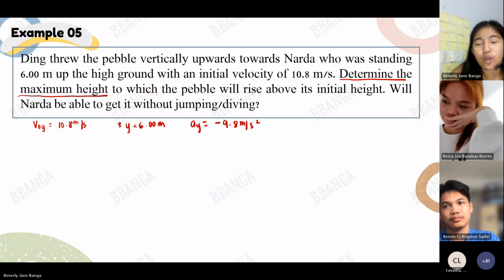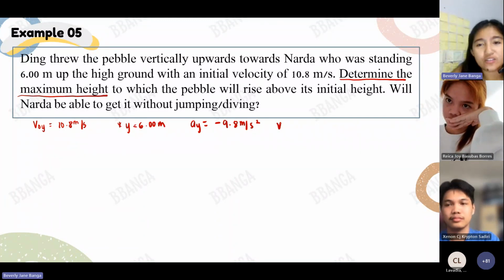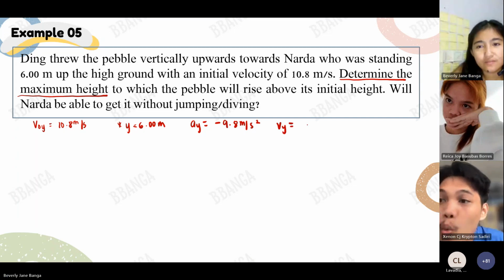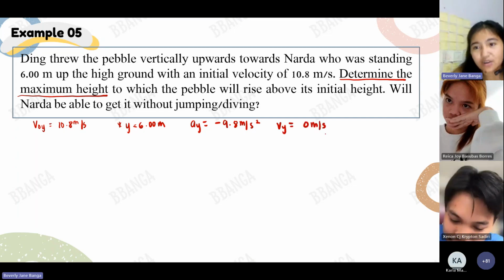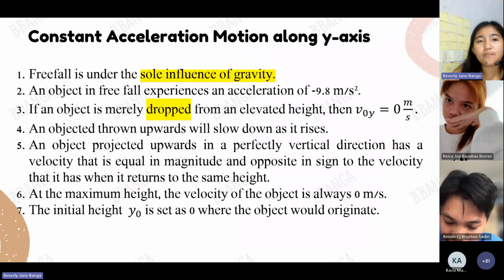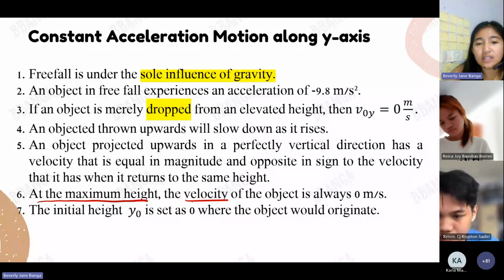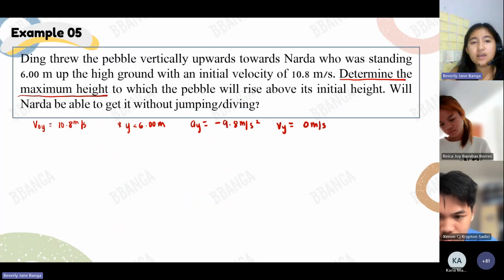Final velocity, ano final velocity? 0 meter per second. Tama. Kasi kung babalikan ninyo yung mga concept about constant acceleration, sabi natin dito sa number 6, at maximum height, the velocity is always 0.